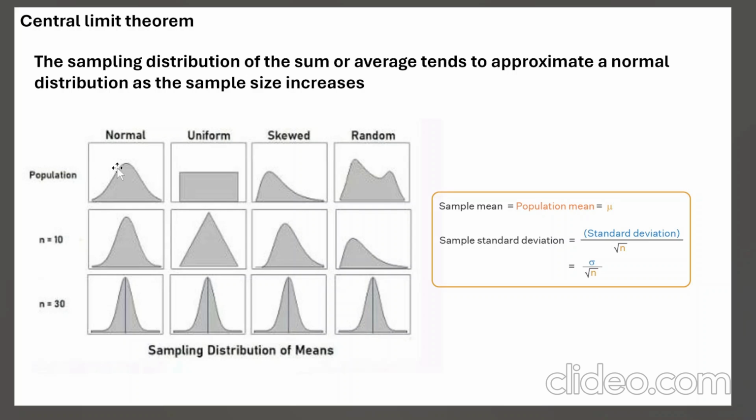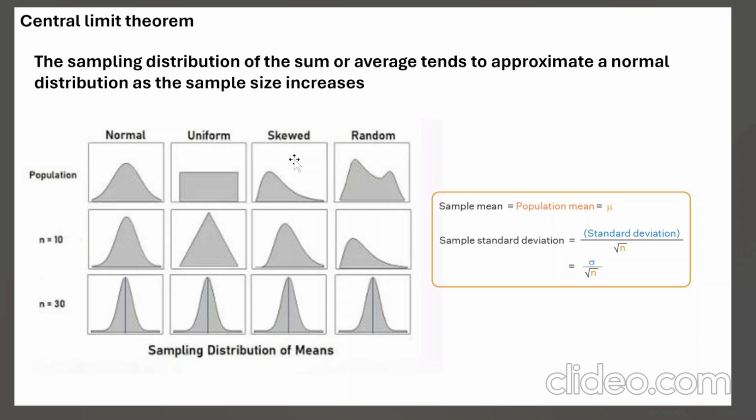If it is normal, with an increasing sample size it becomes more and more pronounced. A uniform distribution tends towards normal. A skewed distribution, like chi-square, also tends to the normal distribution. So even a random distribution approximates to the normal distribution.